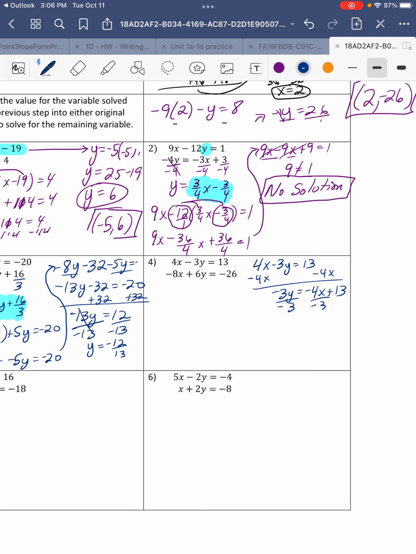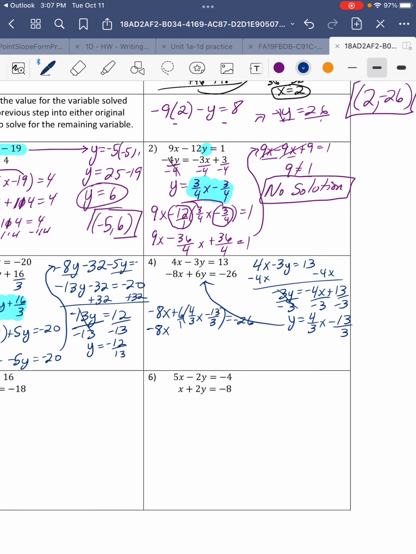Divide by negative 3. Positive 4/3 x minus 13 over 3. And I need to take that equation and substitute it into the y. So negative 8x plus 6 times 4/3 x minus 13 over 3 equals negative 26.